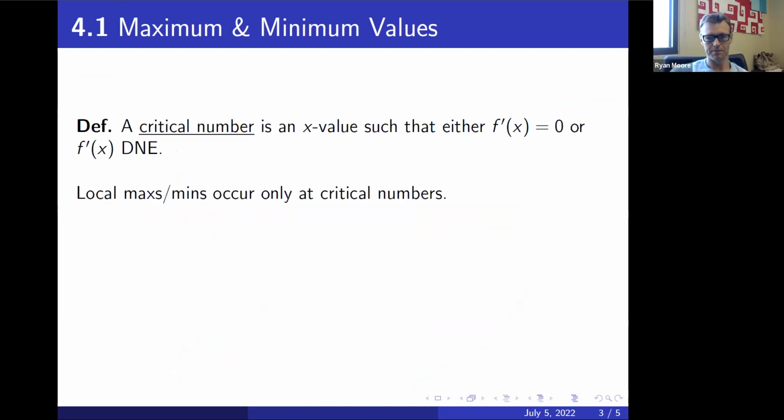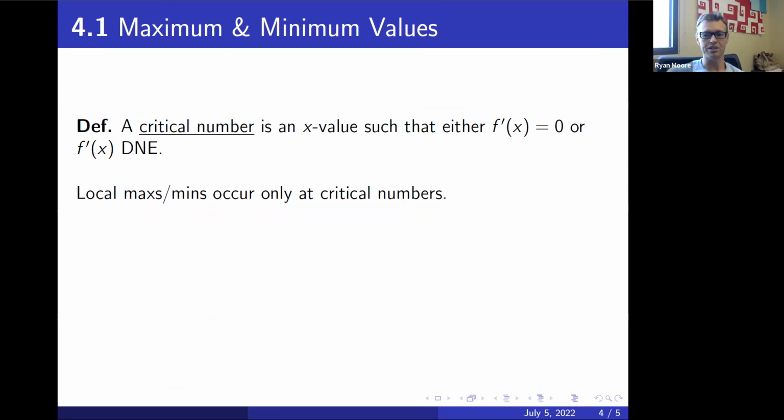Okay, so what does that tell us? What we're going to do is define the critical number. A critical number is an x value where either f prime of x equals 0 or f prime of x does not exist. So we know that those are important x values.